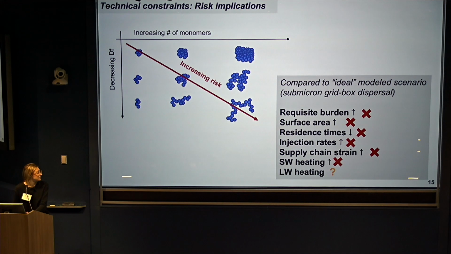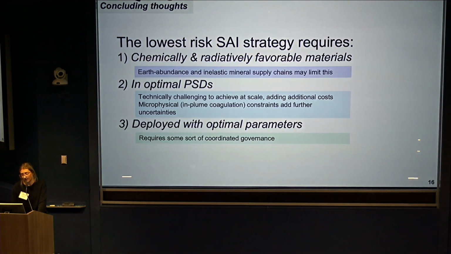And when it comes to heating in the stratosphere, this will increase shortwave heating rates if the material that is being used results in heating in the shortwave or absorption of sunlight. And as for longwave heating, this is something we're working on at the moment, looking at longwave properties of these types of fractals and their impacts in longwave radiative transfer. So clearly there's a lot of risk associated with this type of aggregate formation or the inability to disperse monomers.